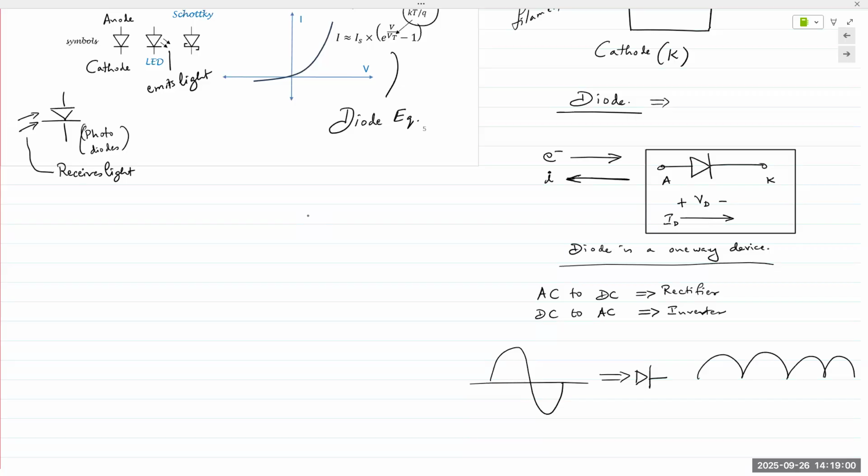So a diode that emits light is known as a light emitting diode. And a diode that functions based on the operation of light is known as a photodiode. The most common photodiode is a solar cell. The semiconductor solar cell is nothing but a semiconductor diode.